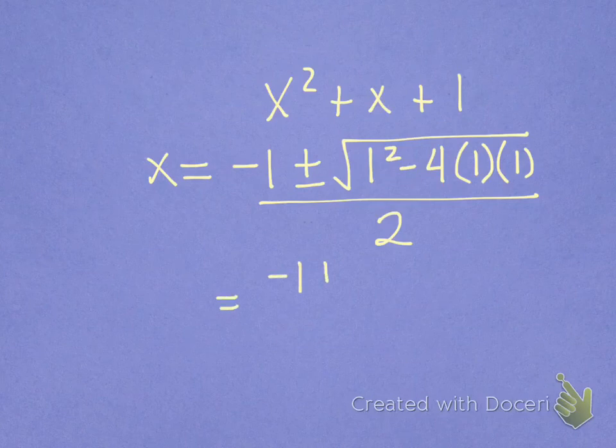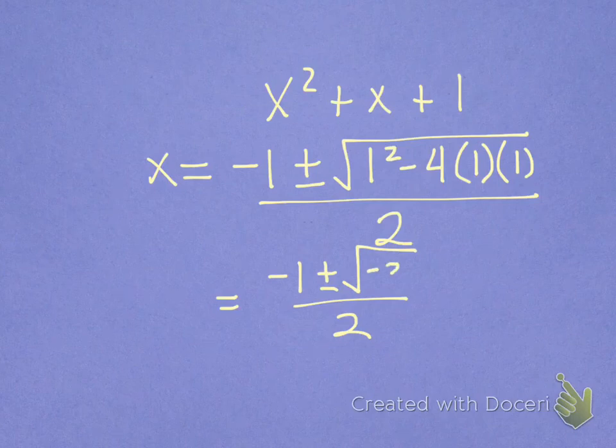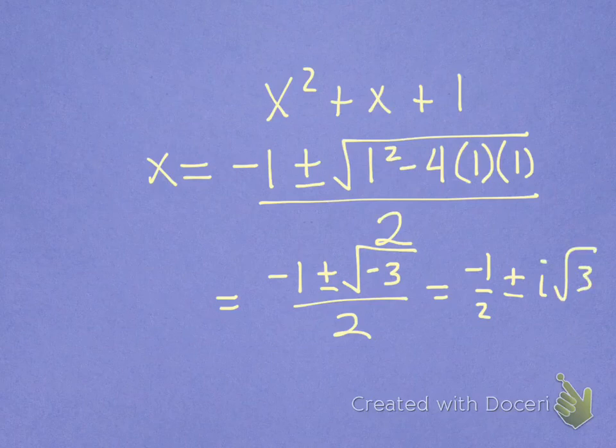And we get -1 plus or minus over 2, and we go in here and figure out what's left inside from our discriminant, which is just 1 squared is 1, minus 4 times 1 times 1, so that's 1 minus 4, which is -3. So we have -1 over 2, plus or minus i on the square root of 3.